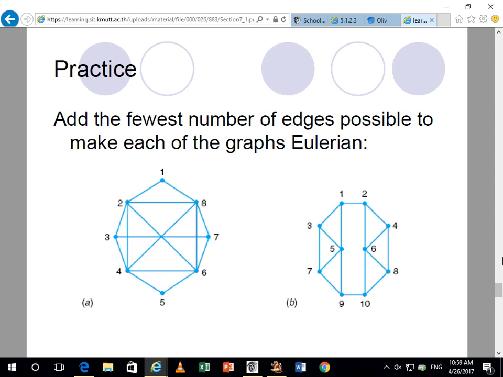If you need 2 to make an Euler circuit but 1 for an Euler trail, the answer is 1, because fewest to make it Eulerian. Eulerian means either a trail or a circuit. Doesn't matter which one. So you can find a solution for the Eulerian trail and the Eulerian circuit, how many edges for each, and then take the fewer one. That's the answer for this.